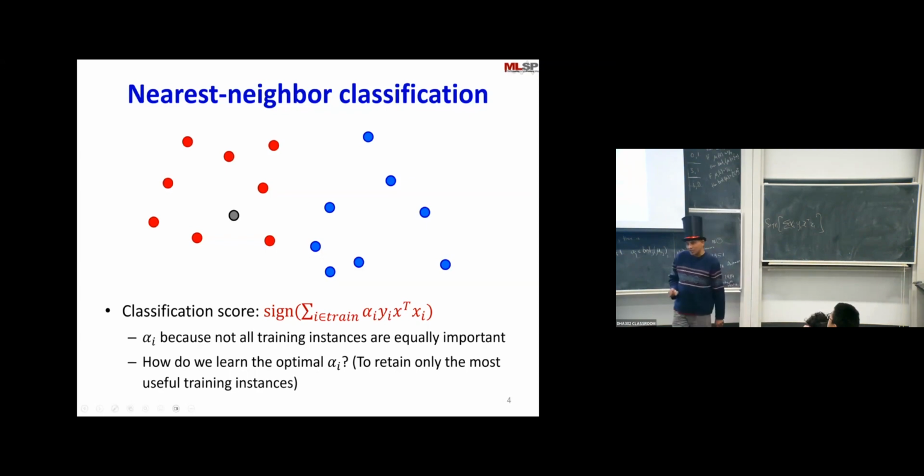But then here is the question. How do I decide what these alpha_i's are? Which training instances are important? How can I do that? So how do I decide which training instances are important?